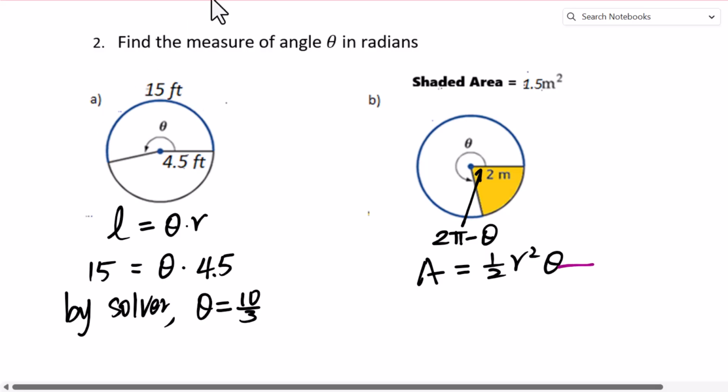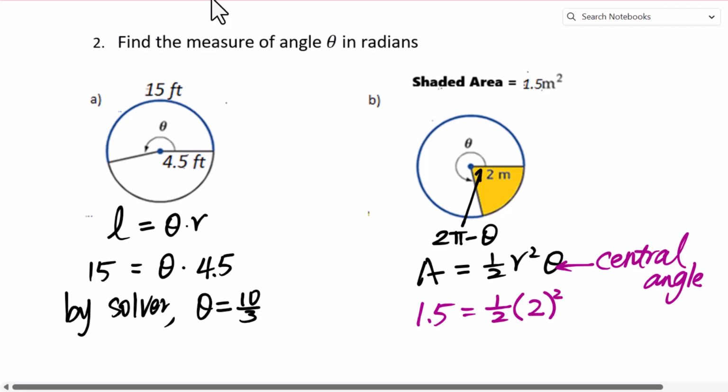This theta in the formula means central angle. In this question, central angle is 2 pi minus theta. Area is 1.5 equals 1/2, r is 2 squared, times 2 pi minus theta.